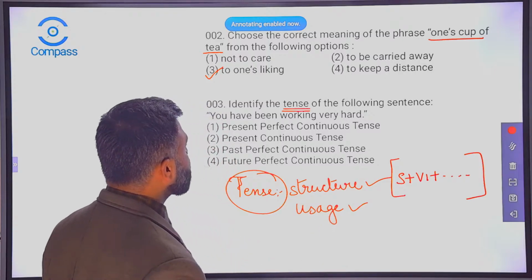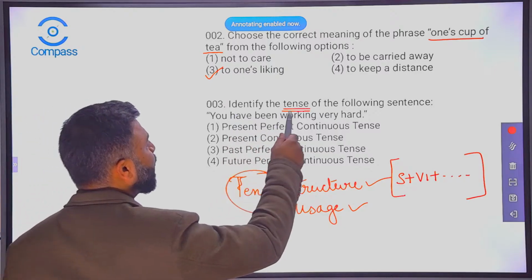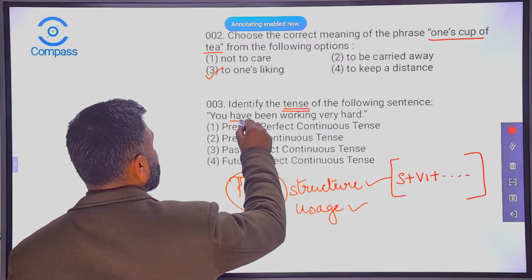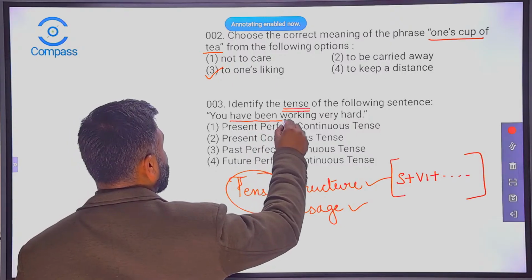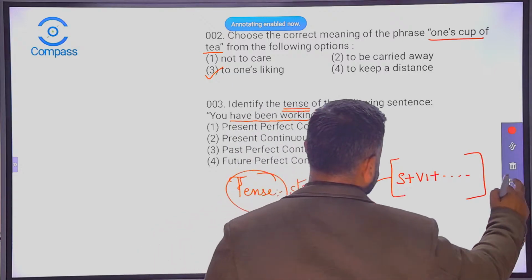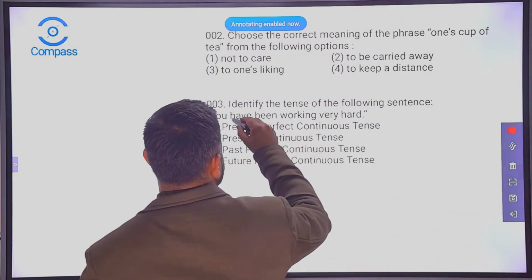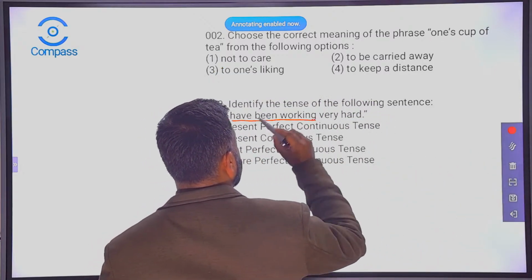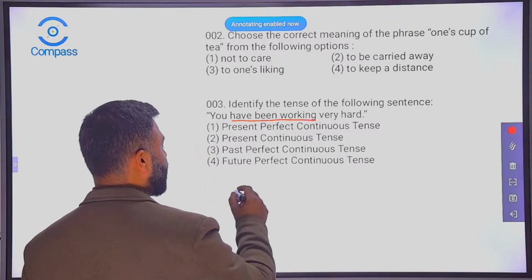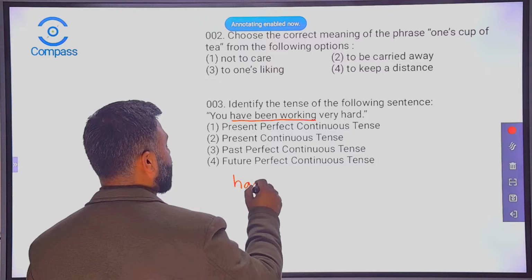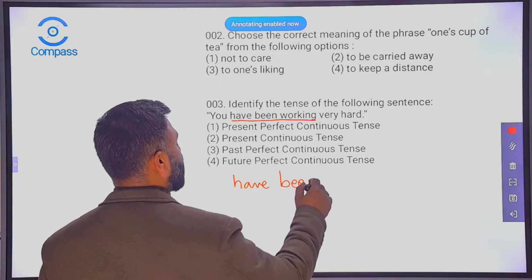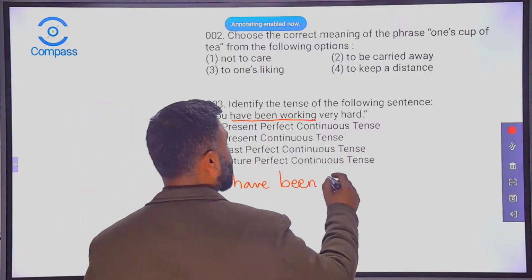All right, so let's just see. You have been working very hard. Have been working. Let me write it down here like this. Here we have "have been," and then this is work.